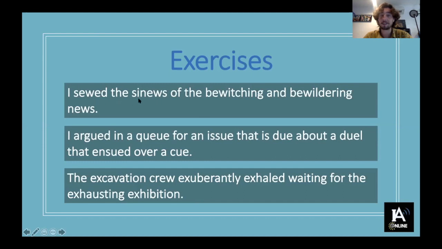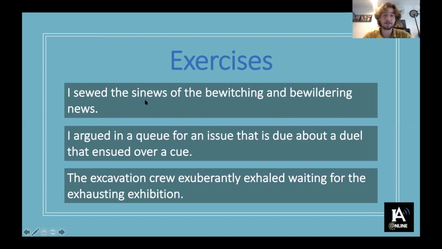See how it has the same EW, but it sounds entirely different. I sewed the sinews of the bewitching and bewildering news. So here, bewitching, you wouldn't say bewitching, but then here you say bewildering. So it's just different in the way that you say the word, even though they each start out with the same four letters. Bewitching and bewildering. And then lastly, we have news, les nouvelles.